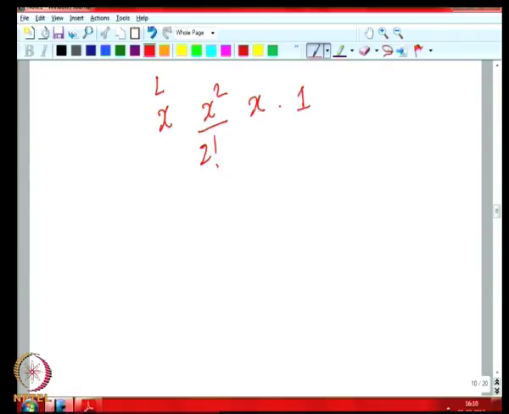This corresponds to 1 E, this corresponds to 2 N's, this corresponds to an I, and this corresponds to no G's, sorry, there is nothing, because here 1 means x raised to 0. So the selected letters are E, N, N and I.